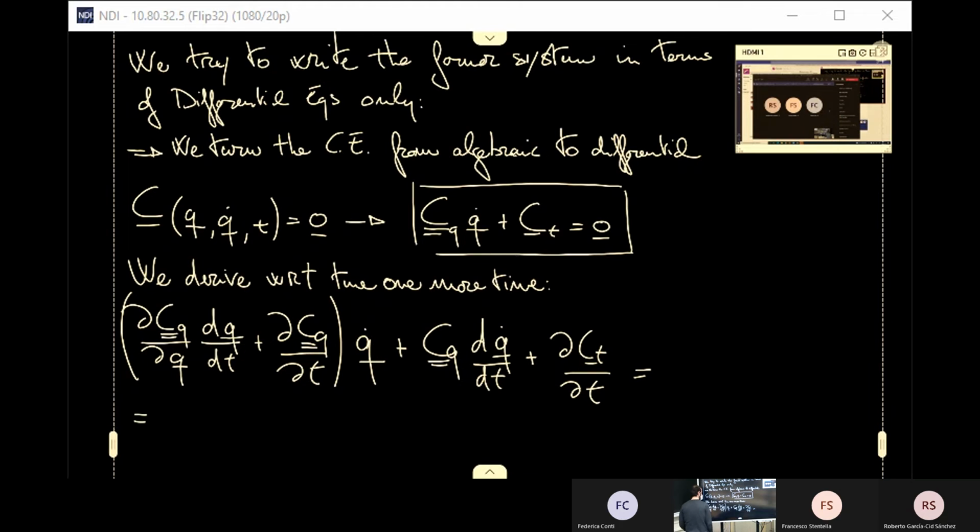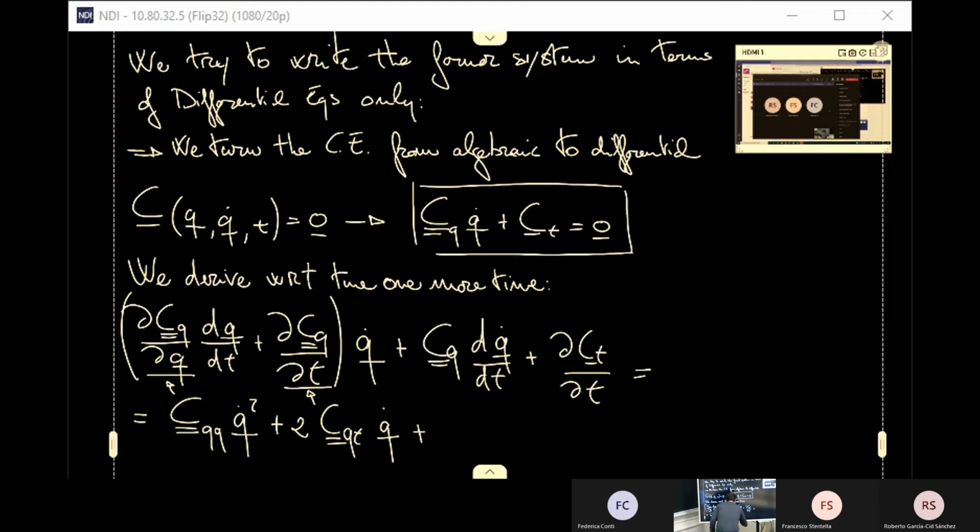And this is again equal. We can rewrite it basically as C_qq, it's this term here, times q dot squared, plus 2 times C_qt, and derive with respect to time, which is this one here, times q dot.